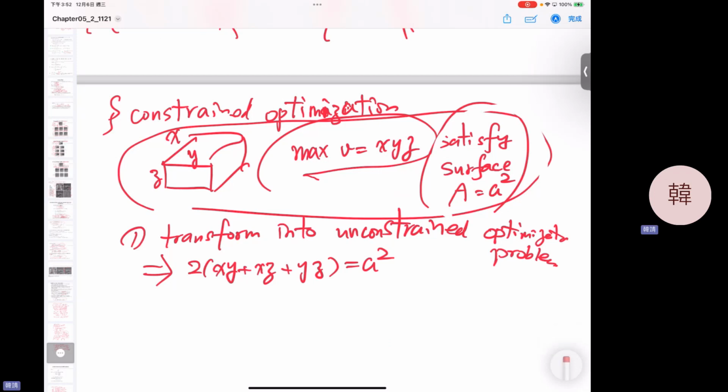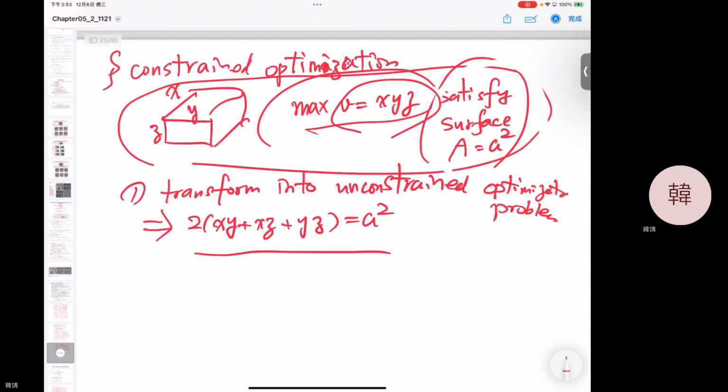Now we are going to transfer our optimization problem into one single function with no constraint anymore. I'm going to maximize this function, but there are three parameters and a constraint. So I use the constraint to replace a variable in our objective function. There are three parameters x, y, z. Can I find out which of them can be replaced by the other two?